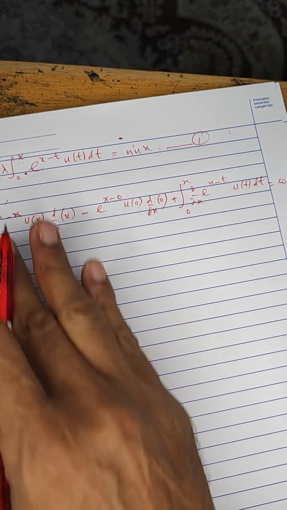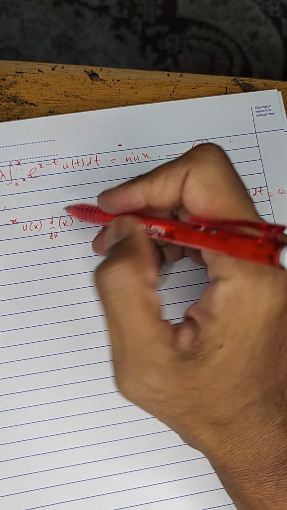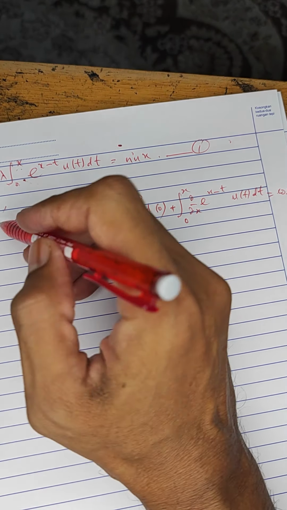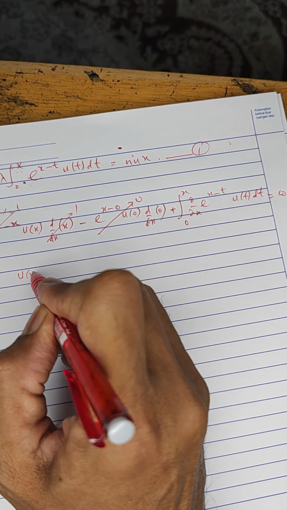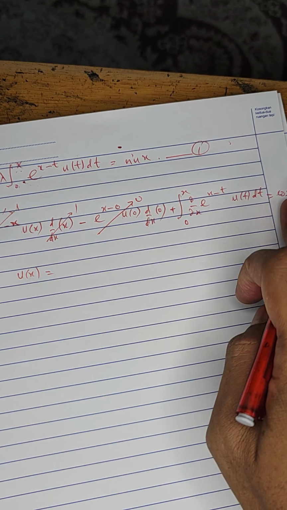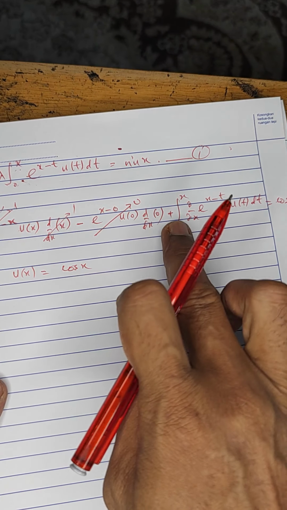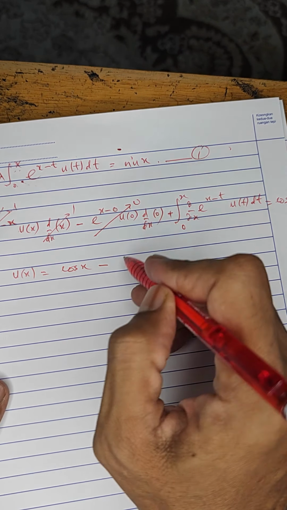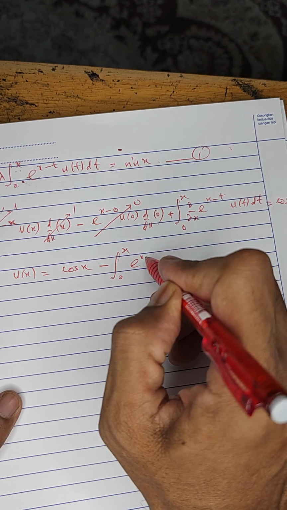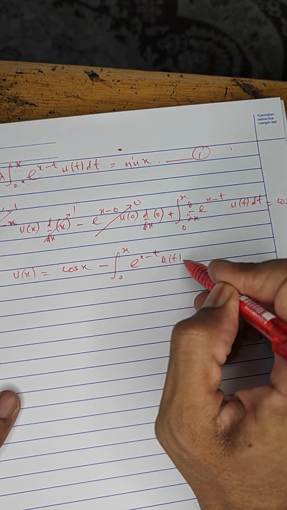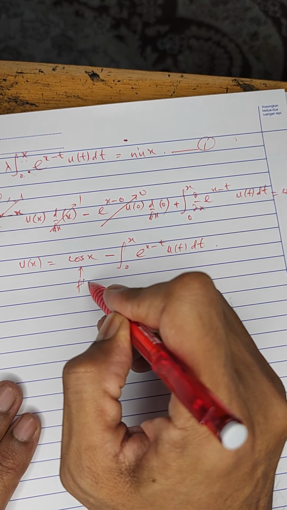Okay, if you rearrange this, of course this one is 0, and that one is 1, so what you have is u(x) equal to cos x minus the integral from 0 to x, you differentiate this, you get e^(x-t) u(t) dt, and this is actually our f'(x).